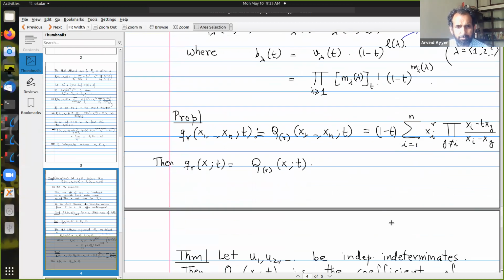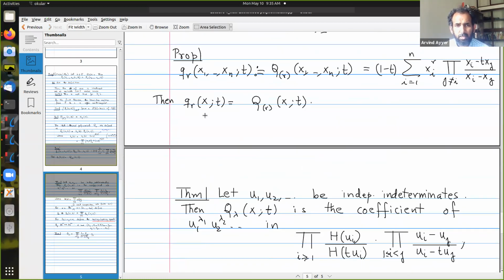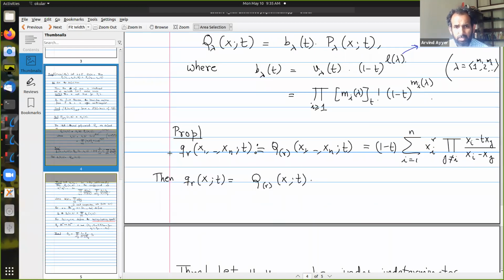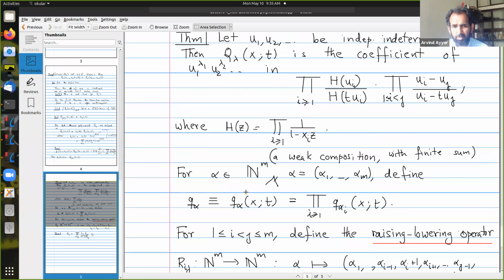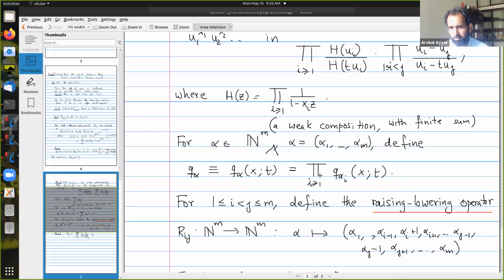And finally, for these Q lambdas, if we look at the single row partitions, we found these small q sub r. We found symmetric functions small q sub r, and then we defined small q sub alpha to be products of these.